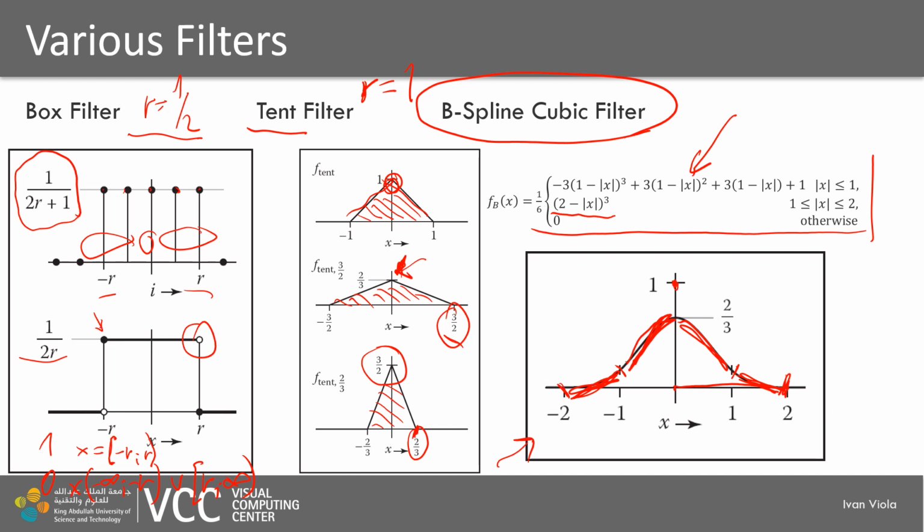This leads to the fact that our filtering or reconstruction will have the best performance but the worst quality with the box filter. The tent filter, as linear interpolation, will have reasonable quality and will also be reasonably fast. And the cubic B-spline filtering will be the slowest one, but the reconstruction quality will usually be the most appealing one.